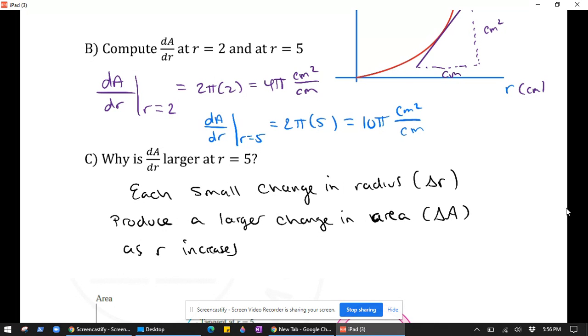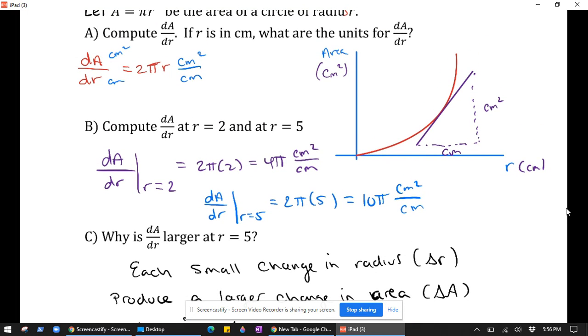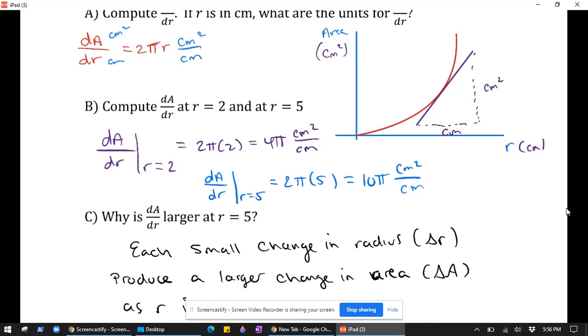Now we can see that by the graph up here, right? Clearly, as the radius grows, the slopes get steeper, so the rate of change is greater.